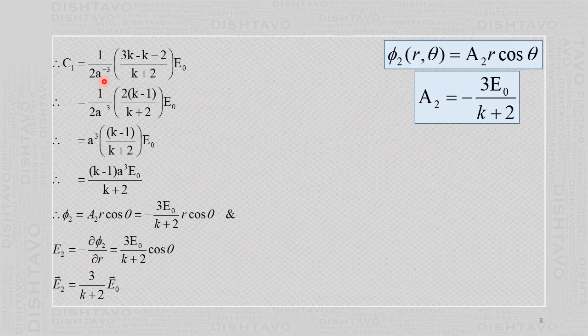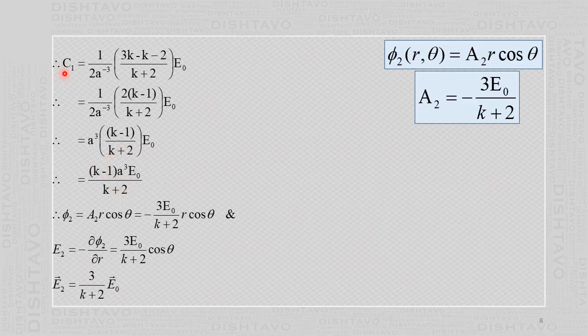Then we had arrived at this equation. Simplify this. What do you get? 3K minus K is 2K. So K taken outside, so K minus 1 here. And then this 2 and this 2 cancel. And a raised to minus 3 is taken up as a raised to 3 into this. And then just realign this term. We will get K minus 1 a raised to 3 E naught by K plus 2.